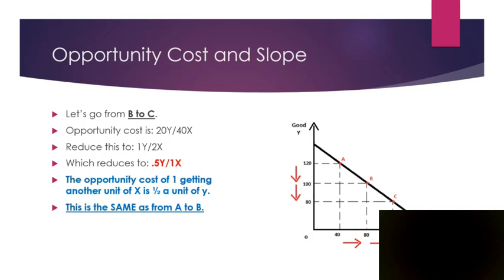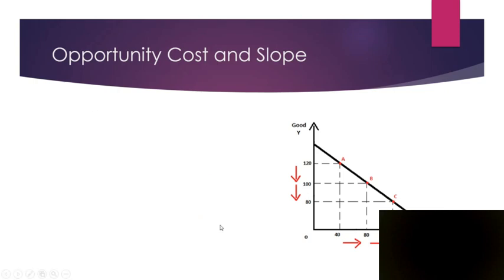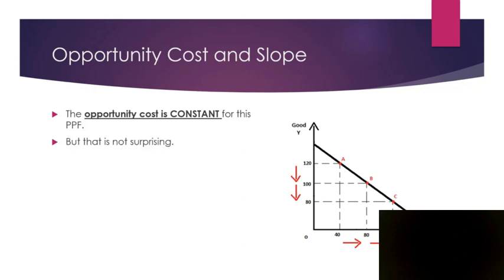So what we want to make sure we understand is that the opportunity cost of going from A to B was the same as going from B to C, right? Well, in this case, then, opportunity cost is constant for this PPF. But that's not surprising. Again, let's make the connections. We've already said opportunity cost is a measure of slope. All we're doing when we calculate foregone over gain is rise over run, right?